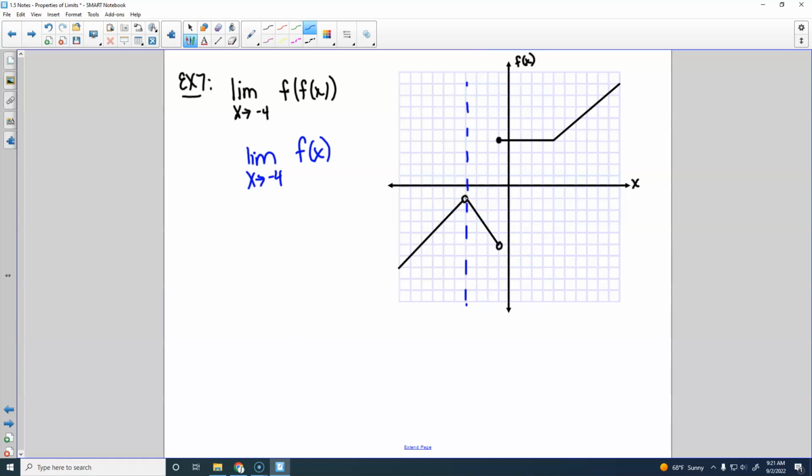What is our limit there? Negative 1. Okay. Are we coming from the top, from the bottom, or from top and bottom? We're coming from the bottom, right? So near that point, we're approaching from the negative values, from the bottom. So since it's from the bottom, that means whenever we switch to x values, we're going to be coming from the left side. So we would be finding the limit as x approaches negative 4 from the left of f of x.